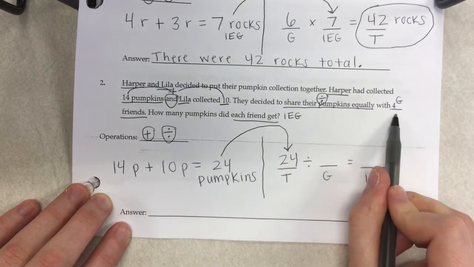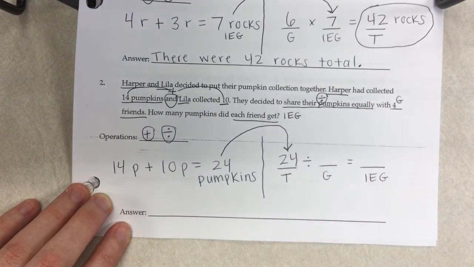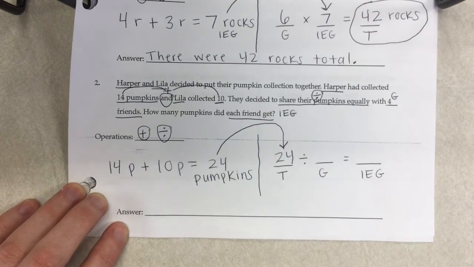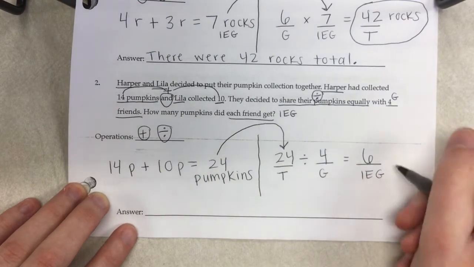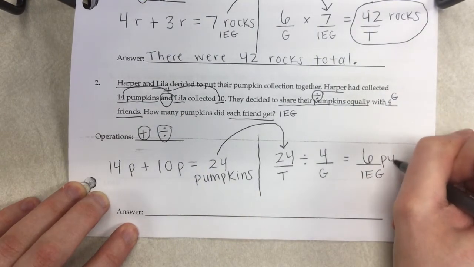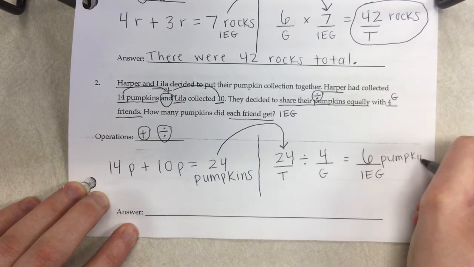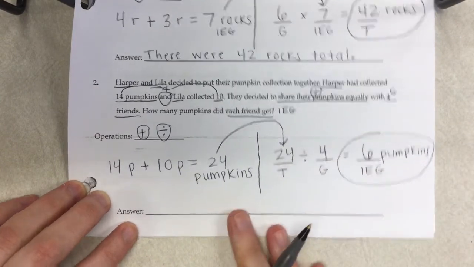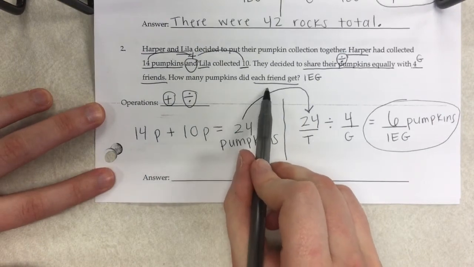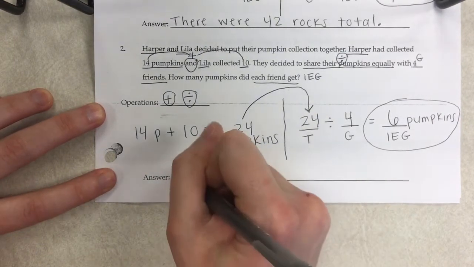My groups, the problem said I had 4 friends. I know my 4 friends are my groups because they're the ones holding the pumpkins. I have 24 divided by 4 equals 6. Make sure you label 6 pumpkins. Circle your answer because this is your final answer.